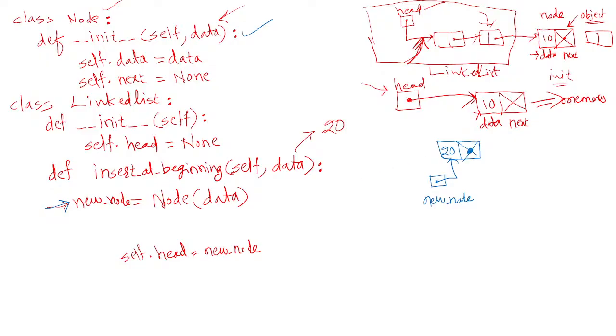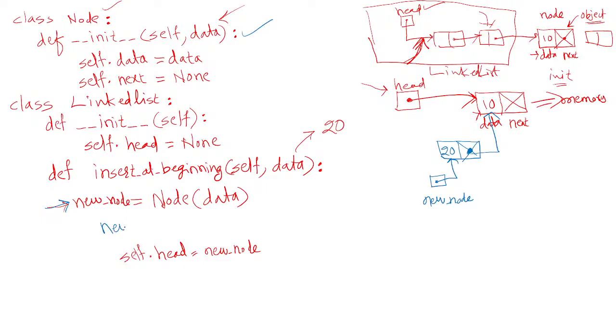That's why, before this, what you need to do is make this new node's next pointer point to the previously first node. This link you should set first. So how can you access this one?